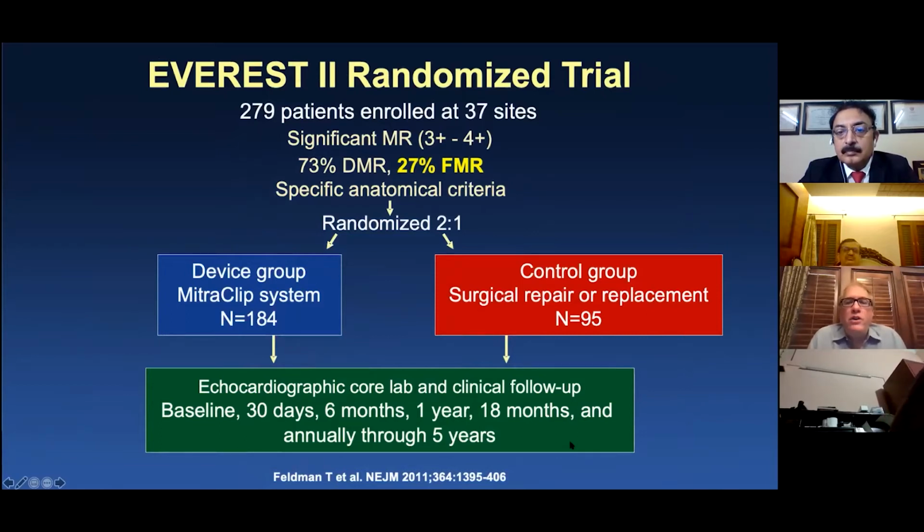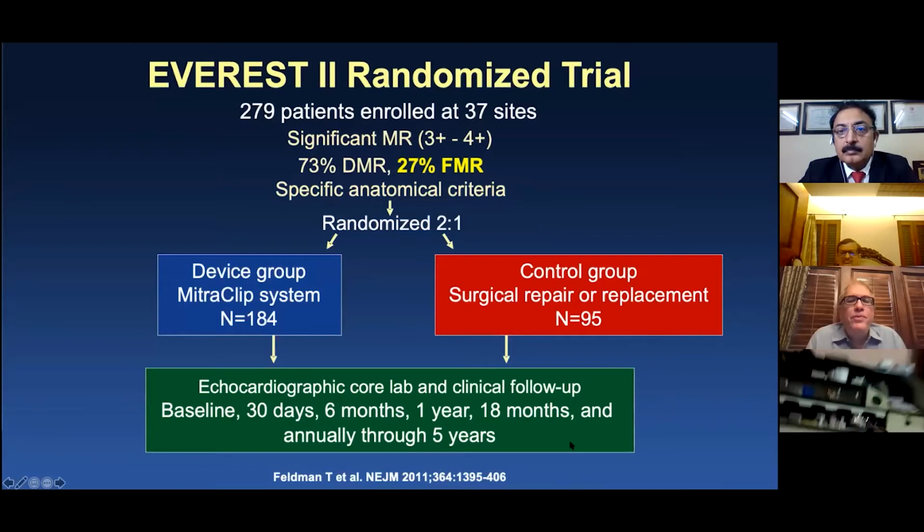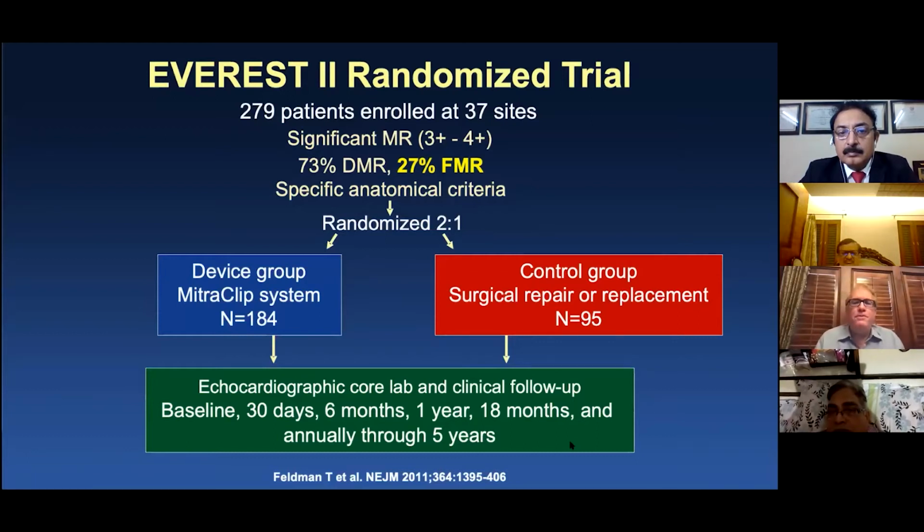Three-quarters had degenerative MR, one-quarter had functional MR. They all had to have the appropriate criteria for the MitraClip, and they were randomized 2-to-1 back then to either the MitraClip or to surgical repair or replacement, with repair being preferred. These patients were followed through 5 years.